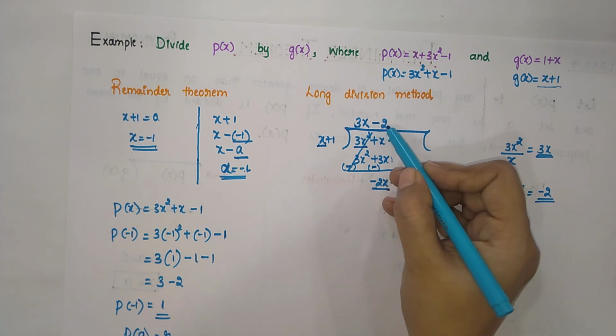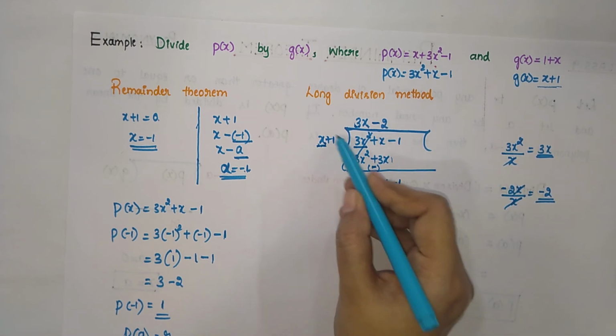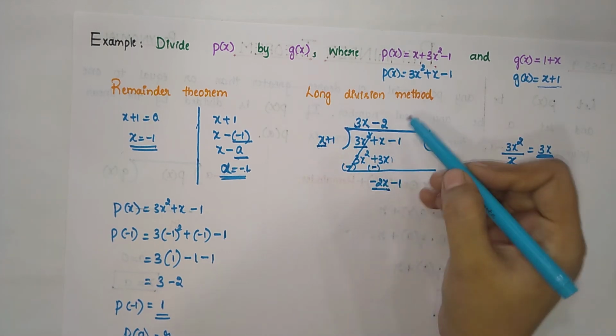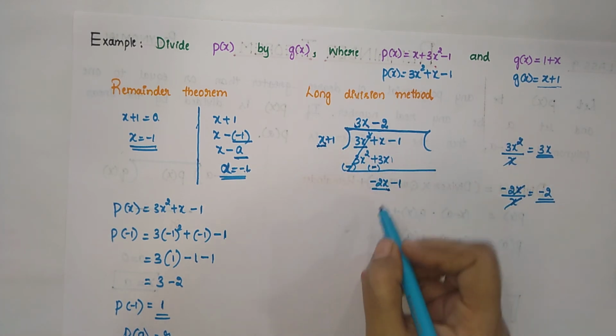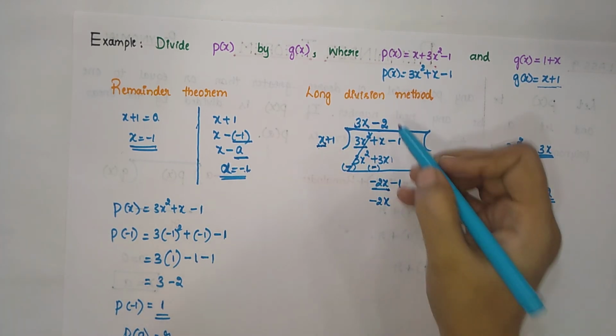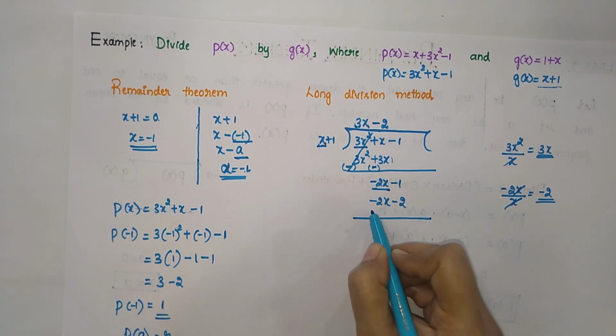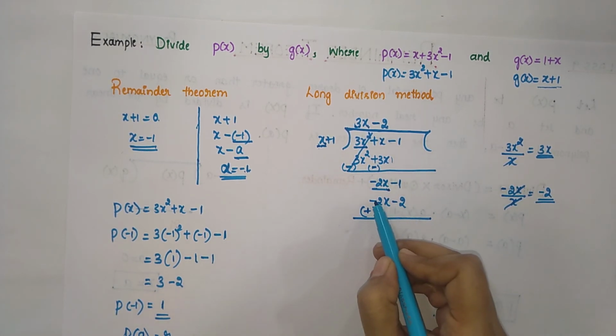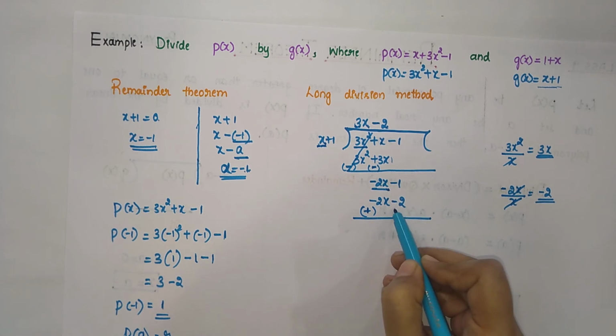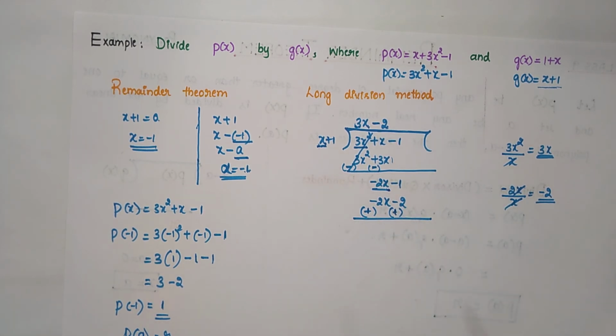And you have to multiply this minus 2x with both the terms of the divisor. So we get minus 2 into x is minus 2x. Minus 2 into plus 1 is minus 2. And you have to change the sign. It is minus here, so it is plus, and minus, so it is plus.